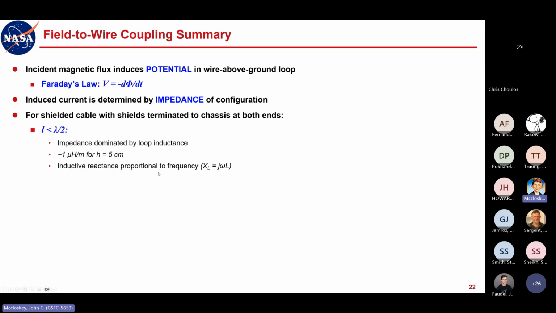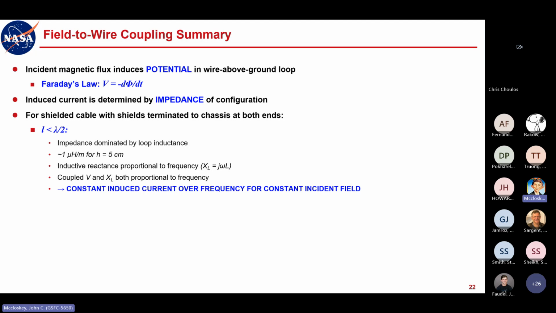And the inductive reactance, of course, is proportional to frequency, j omega L. So that means your coupled potential and your inductive reactance are both proportional to frequency. They're both increasing linearly with frequency. So that means you will have a constant induced current over frequency for a constant incident field over frequency. So bear that in mind. That's another thing we're going to keep coming back to.